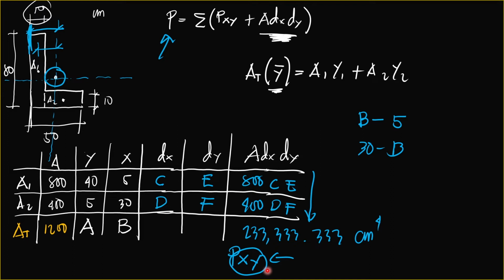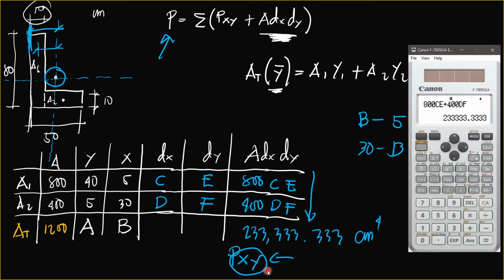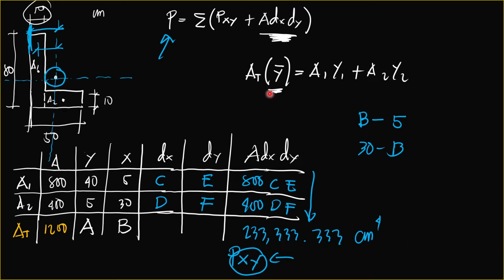Sir, can you give the numerical values of A and B? How do we get A and B? The formula: A is y bar, and B is x bar.